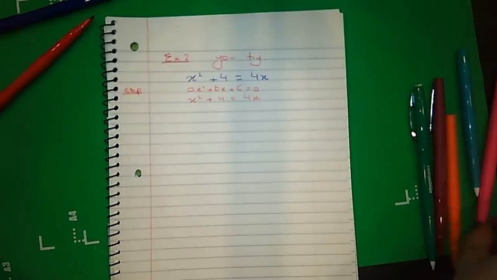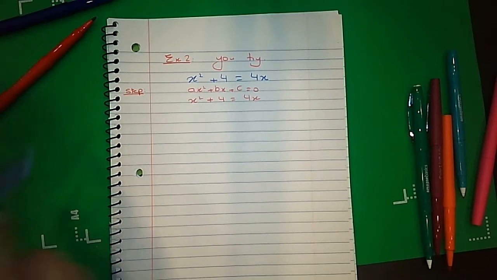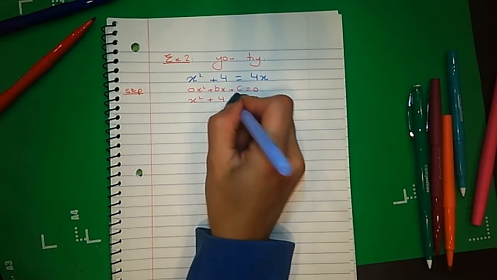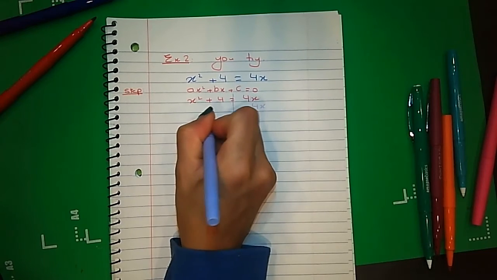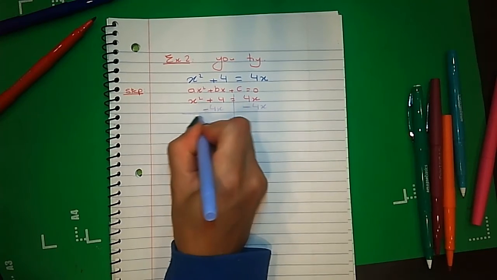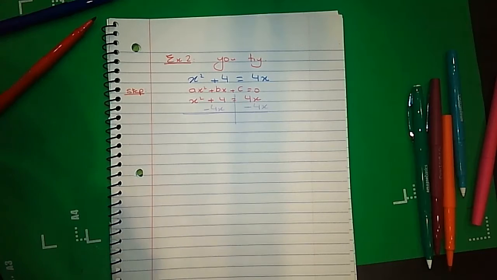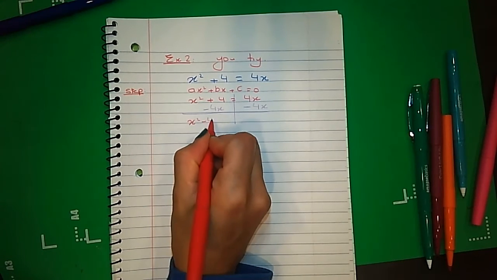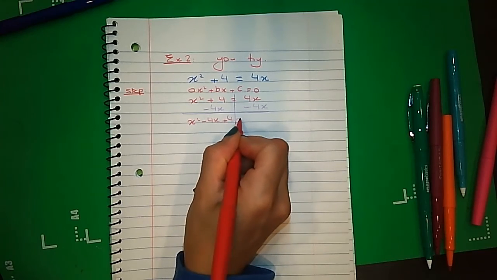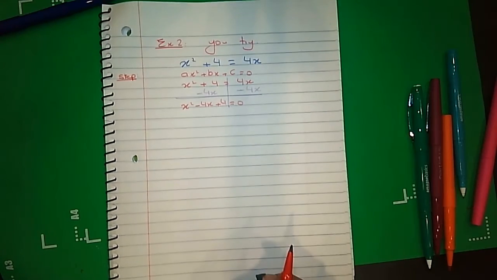In order for me to do that, I will subtract 4x on both sides so that I can take it to the other side. So I will have x squared minus 4x plus 4 equal to 0.